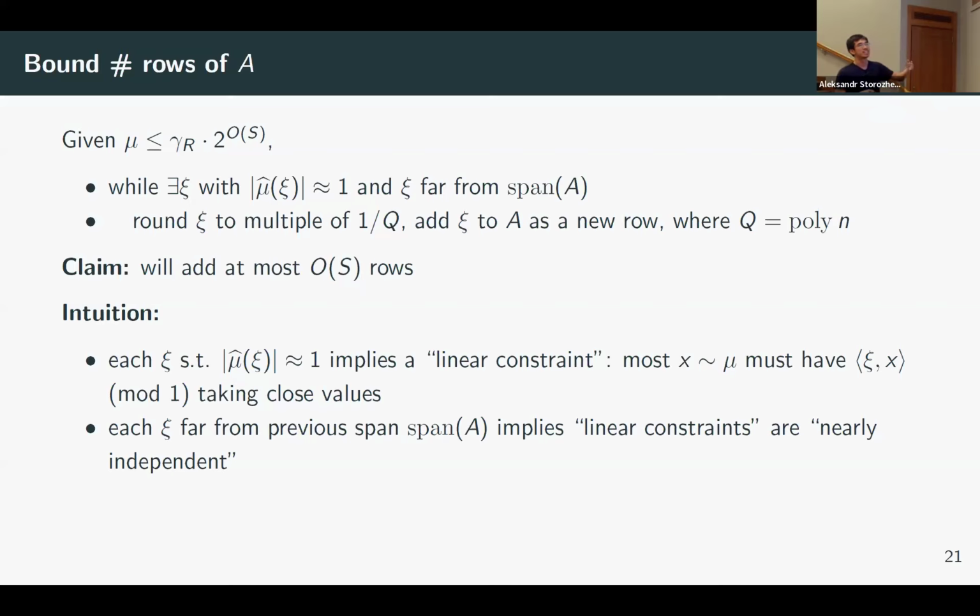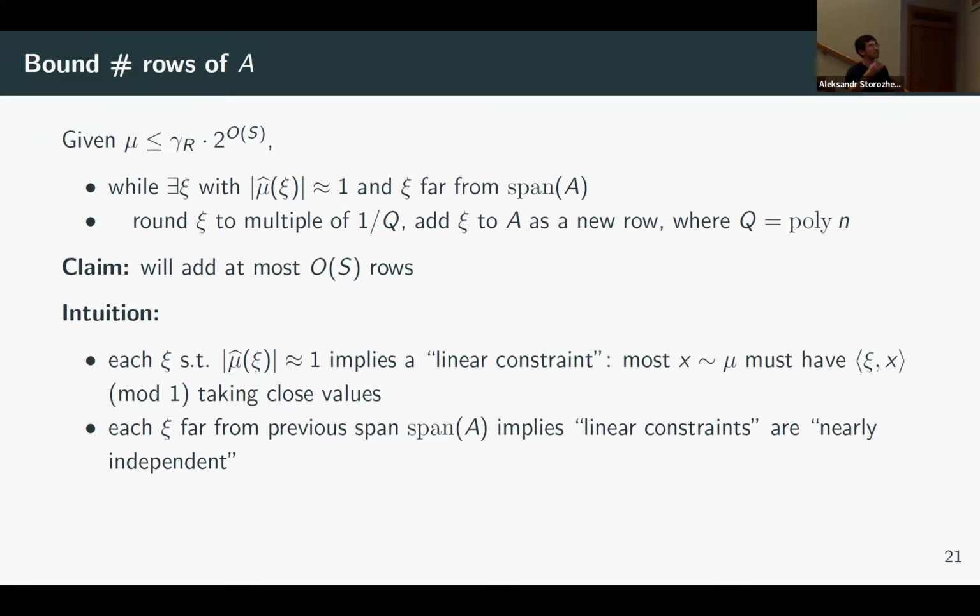If psi is large, then most of the things in mu should be very aligned with the Fourier basis function of psi. So this means that the inner product between psi and x mod 1 should take very close values.